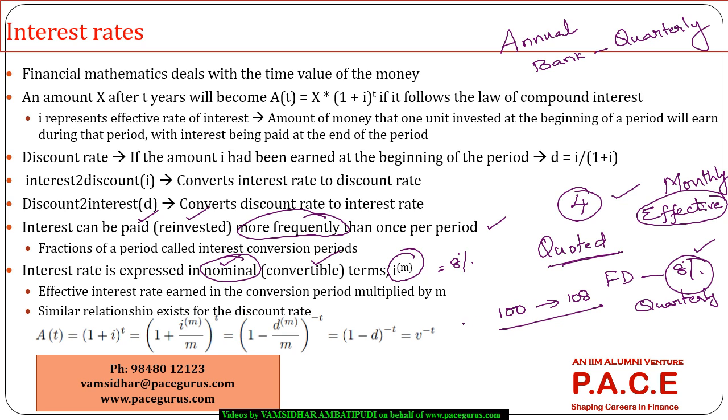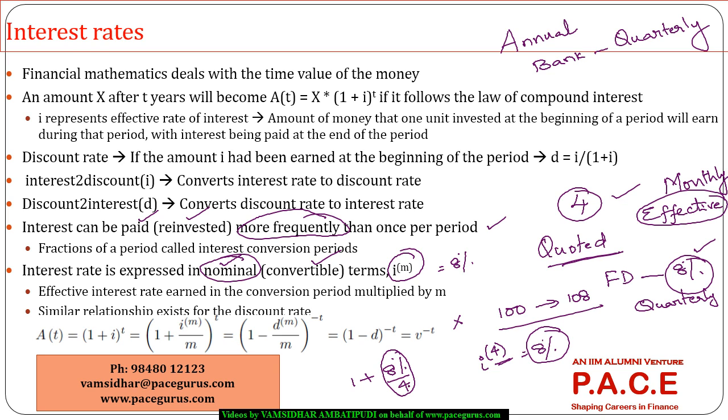This is annual compounding. But if it is saying I4 equal to 8%, it means that the nominal rate of interest is 8%, but it is compounded quarterly. So what I am going to get is nothing but 1 plus 8% by 4. This is actually the quarterly interest rate here.